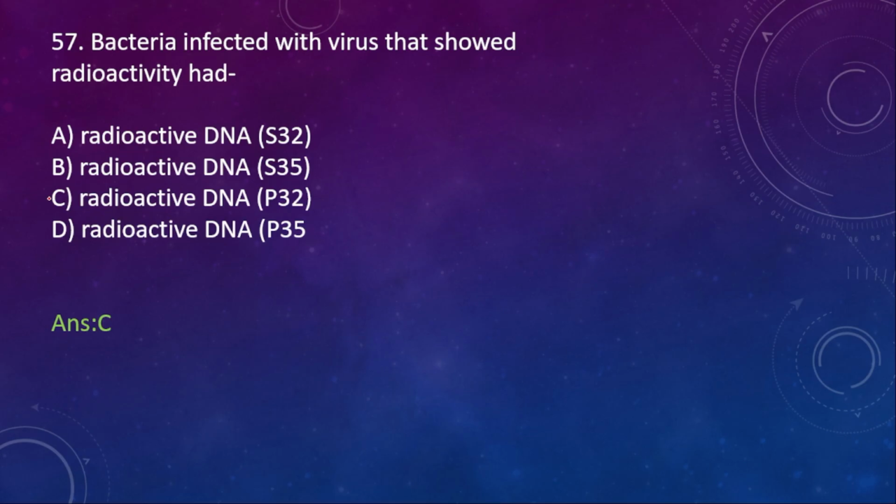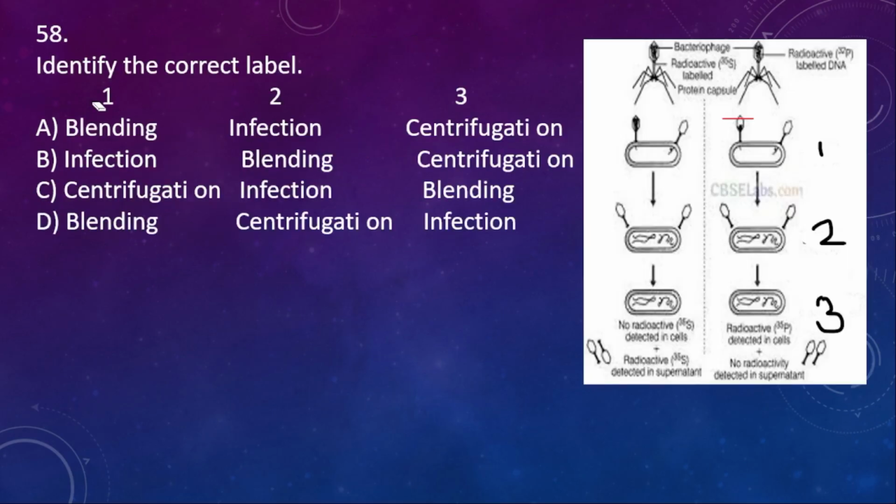Here the right option is radioactive DNA P32. In the Hershey and Chase experiment, the bacteria infected with virus that showed radioactivity had radioactive DNA P32. Next question, question number 58.